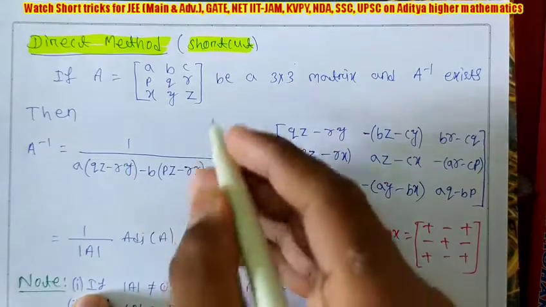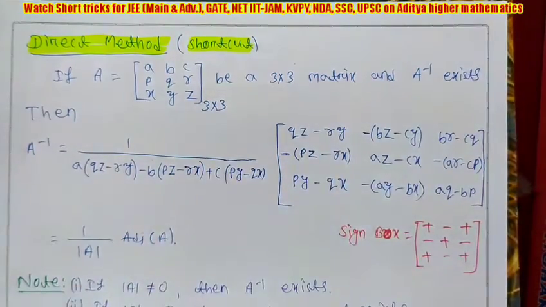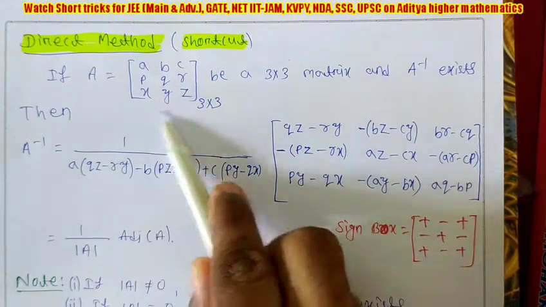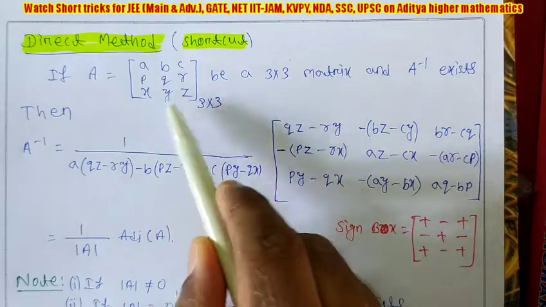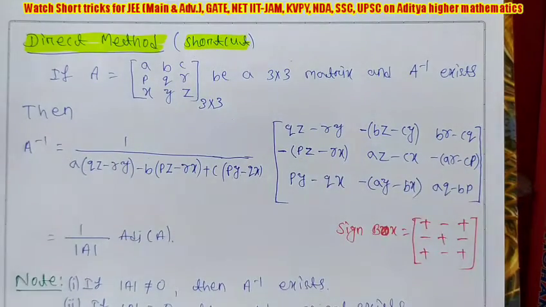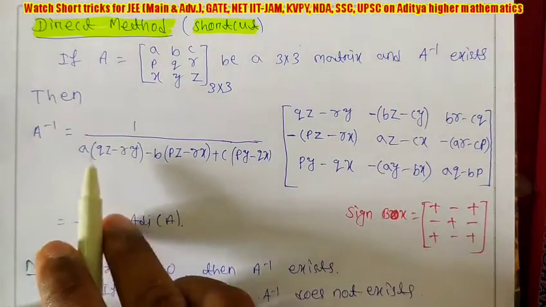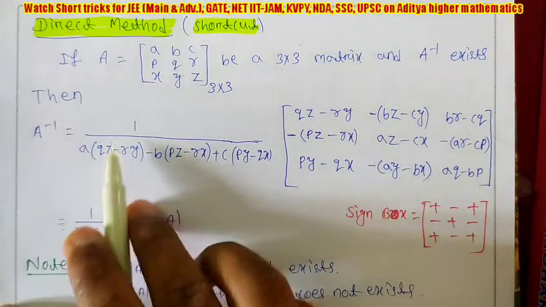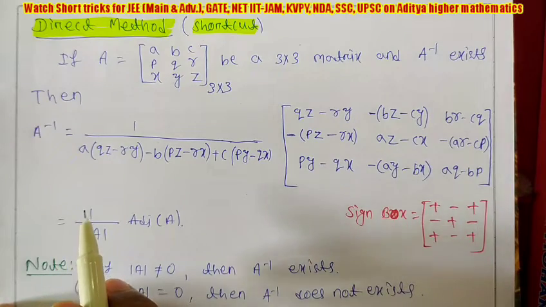Since it is a 3 by 3 matrix, it has 9 elements, and I am taking the 9 elements like this: A, B, C, P, Q, R, X, Y, Z. First row A, B, C, second P, Q, R, third X, Y, Z. And we are assuming A inverse exists; if A inverse does not exist, then I will say what the condition is. Then A inverse is given by that formula for any 3 by 3 matrix.